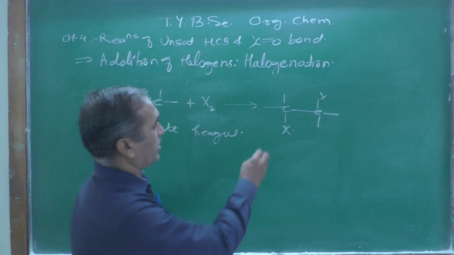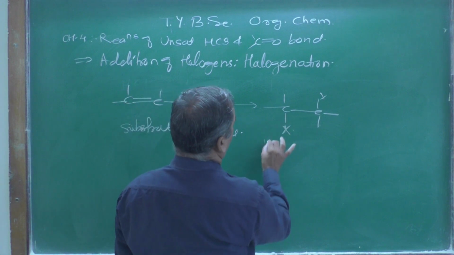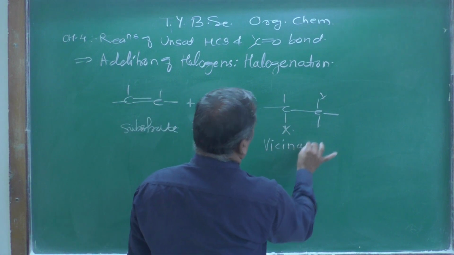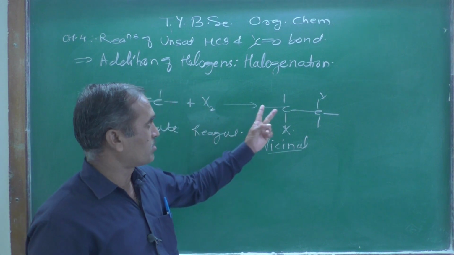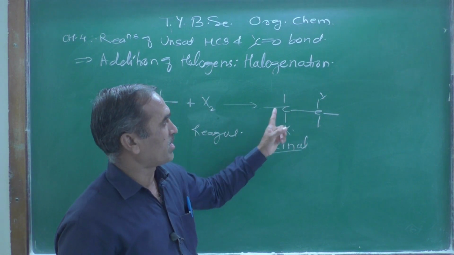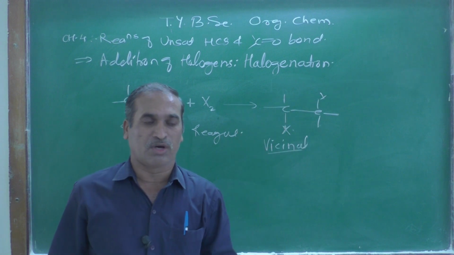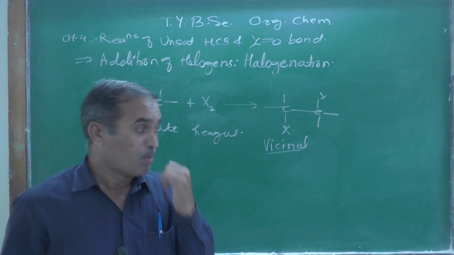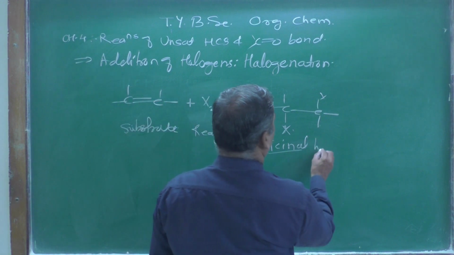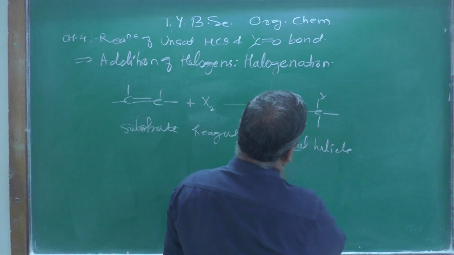And here we are getting a vicinal halide. What do you mean by the term vicinal? Vicinal means the halogen atoms are present at the one, two position. That type of position is called a vicinal halide.